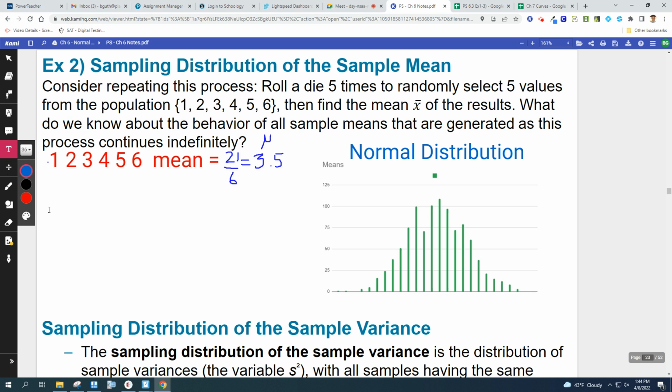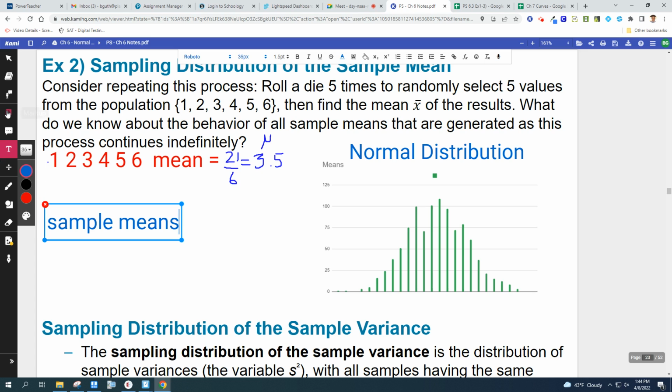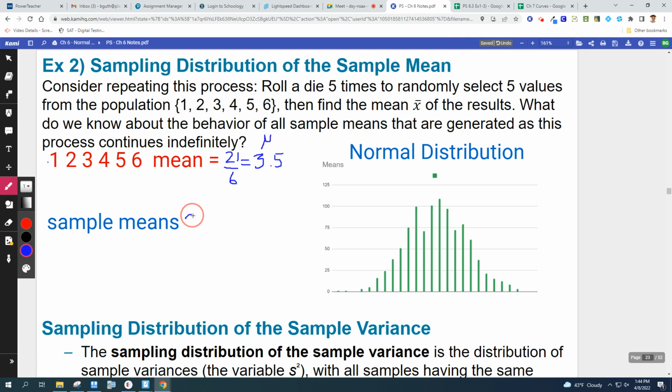We're looking at sample means, and the mean of the sample means is about 3.5. Okay, sure enough, x bar equals mu. The mean of all of those sample means equals the population mean.